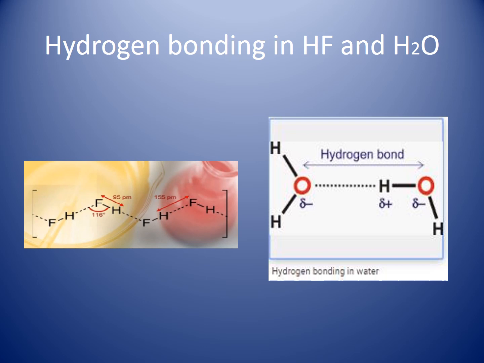Hydrogen bonding is important in hydrogen fluoride and in water itself. Hydrogen fluoride is having zigzag structure due to the strong electronegativity of fluorine.